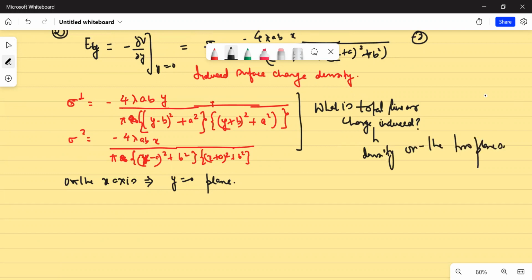One can understand that if I multiply sigma by dx and dy and integrate this, I will get the total charge Q. Is that clear? Bharat, is that clear? So if I integrate this sigma into ds, then I will get the total charge Q. Is that clear?